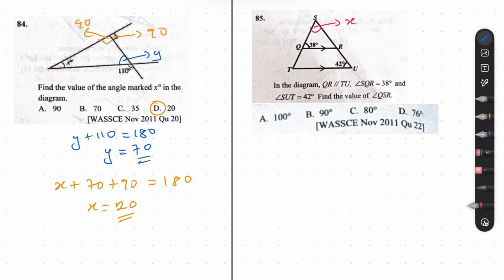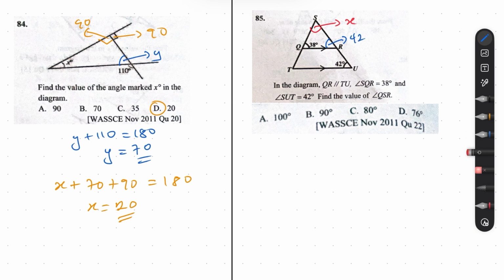Now, since these lines are parallel, they have corresponding angles. This angle right here corresponds to this angle, because this is parallel to this, so they are the same. So this angle right here is also 42.